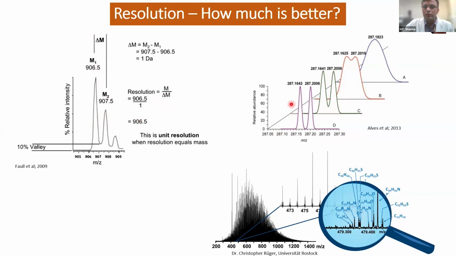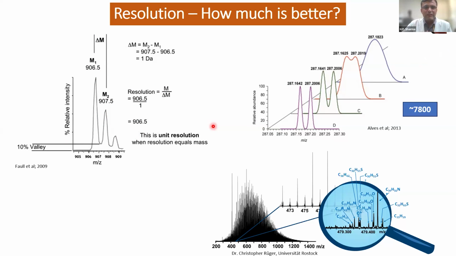And you see these masses, which differ from each other after the decimal point. When I calculate the resolving power for these differences using the same formula, I get a resolution of somewhere around 8000. So what kind of difference are we trying to make?